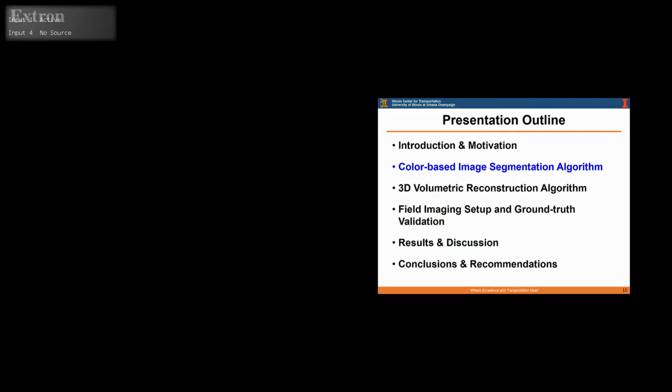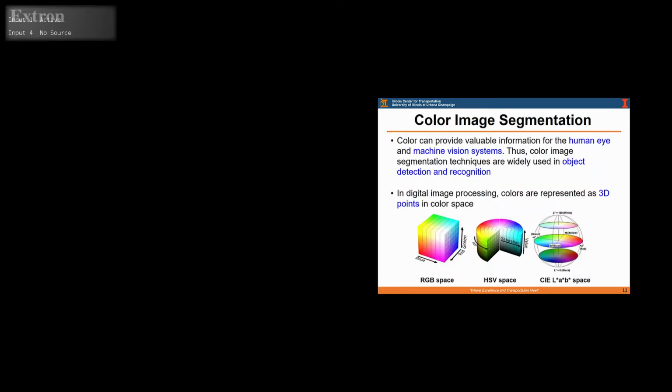I will start by introducing the color-based image segmentation algorithms. Most image segmentation tasks are usually completed by using color information, because in previous years, segmentation was actually done by dealing with grayscale images, but that's not enough information.